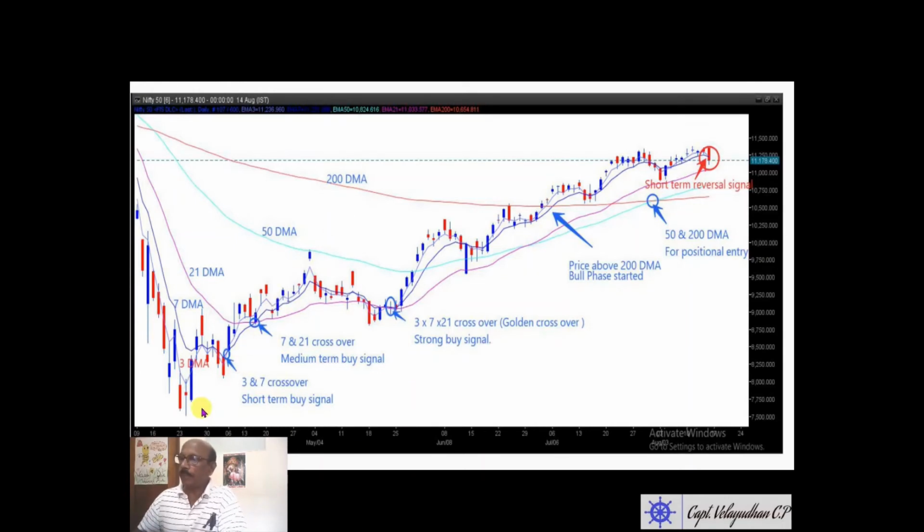Here I made a 3 period moving average. This line is the 3 period moving average. And this blue line is the 7 period moving average.